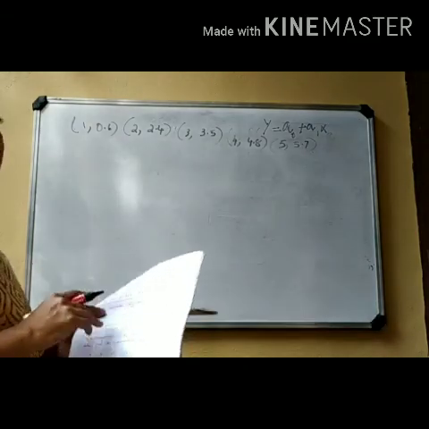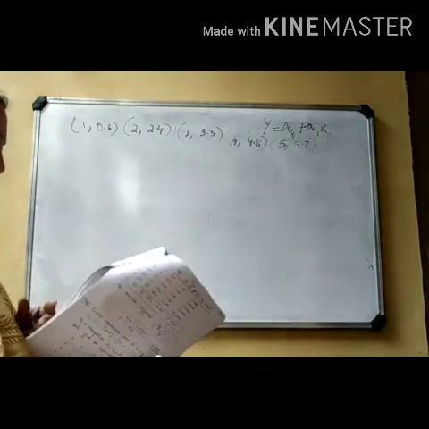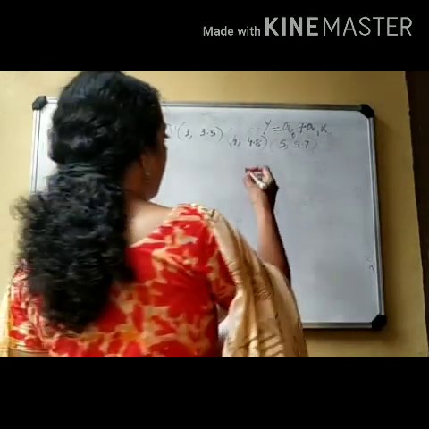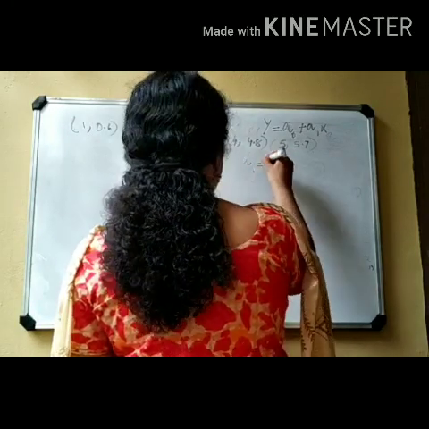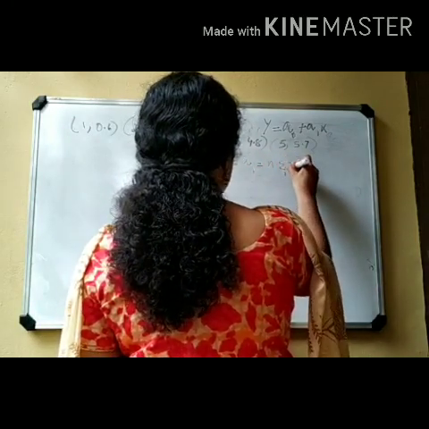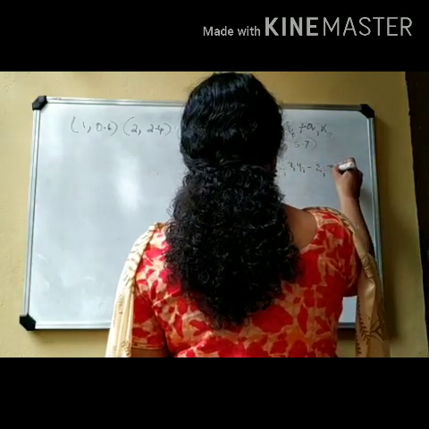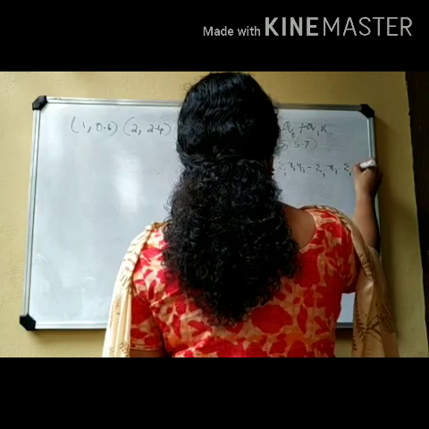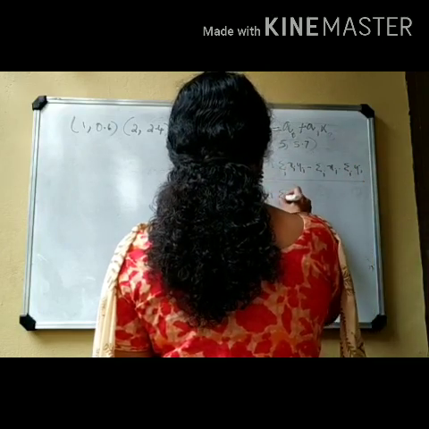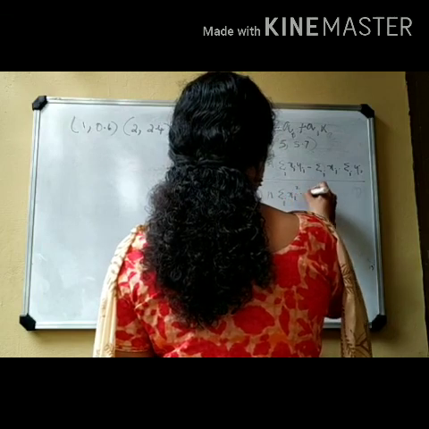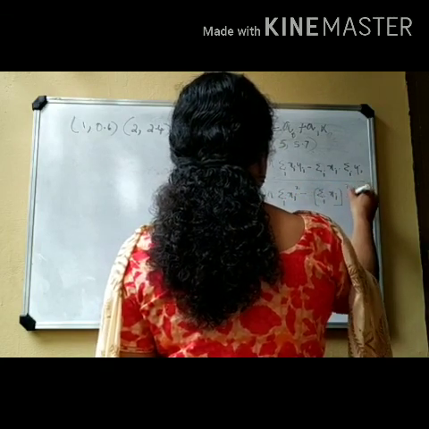So, we have written the equation. We know the equation for A1, I will write it here. A1 is equal to n times sigma xi yi minus sigma xi into sigma yi, divided by n times sigma xi square minus sigma xi the whole square.